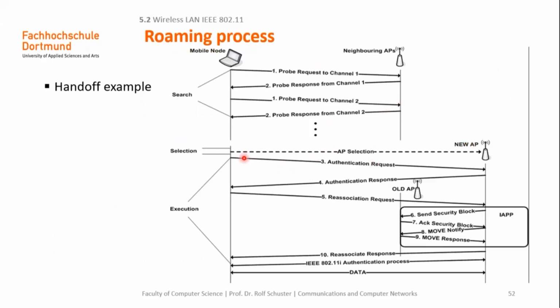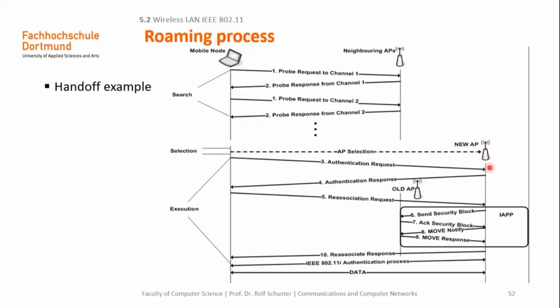Then the mobile station will send an authentication request to the new access point. The new access point responds with an authentication response. This is the process of authentication. This mobile station needs to be authenticated with the new access point.